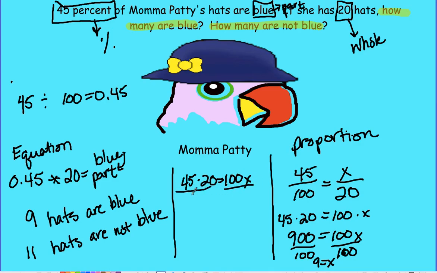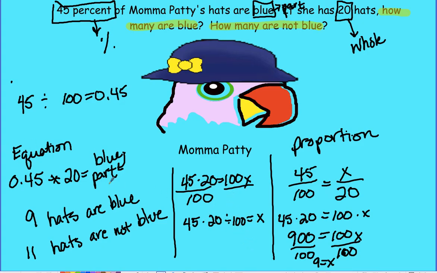What if we divided both sides by 100 right away? Okay, so if we did that right away, 45 times 20 divided by 100 equals x.